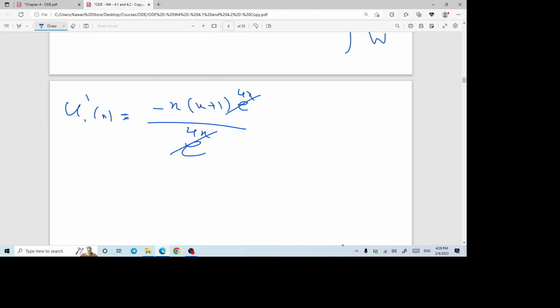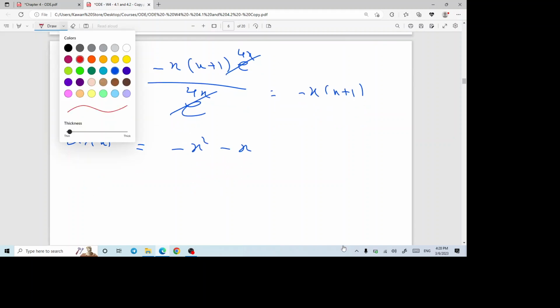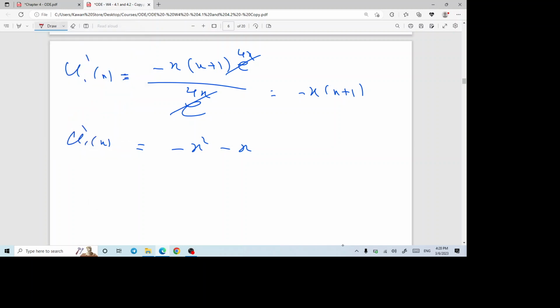So I'll get what? Am I right? Then u1 prime is equal to minus x squared minus x. Finding the integral, u1 will be minus x cubed over 3 minus x squared over 2. Clear, dears? So we find u1.